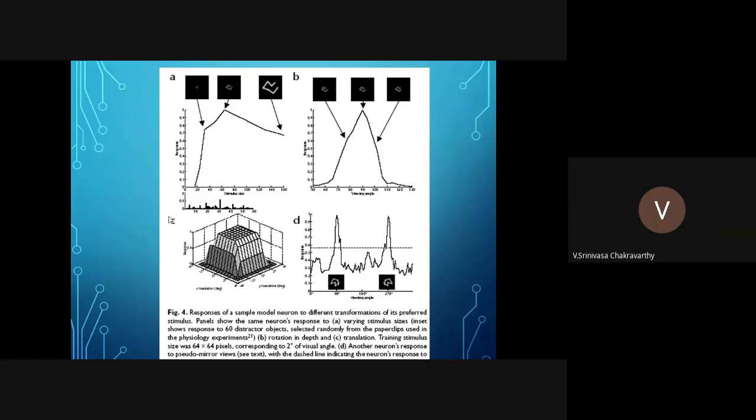But it shows very strong translation invariance, because as you can see, the network is designed to be translation invariant. When you go from simple cell to complex cell, you are encoding some level of translation invariance in that design. So you see in figure C, you can see translation invariance.